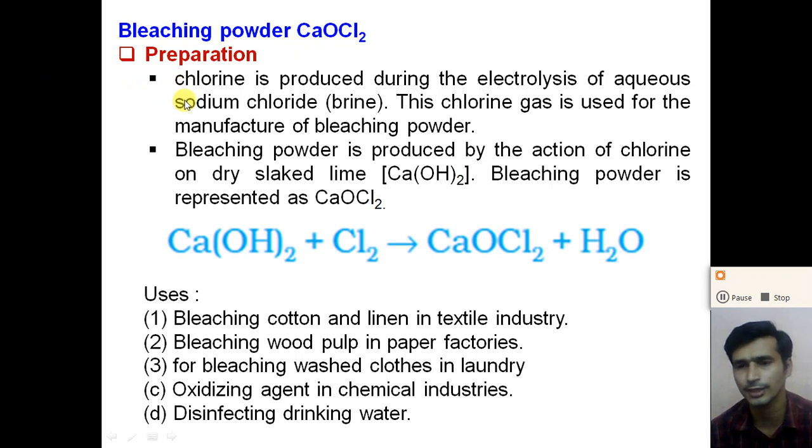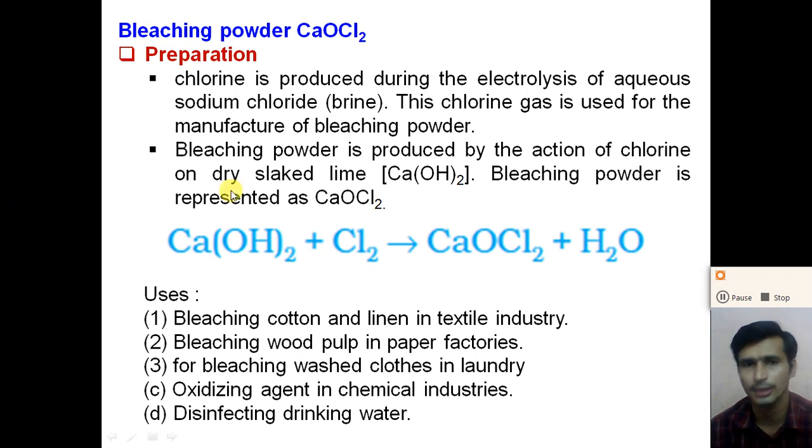So dear student, in the previous video, during the electrolysis of the aqueous solution of sodium chloride, NaCl, chlorine gas is produced, and this chlorine gas is used for the manufacturing of bleaching powder.